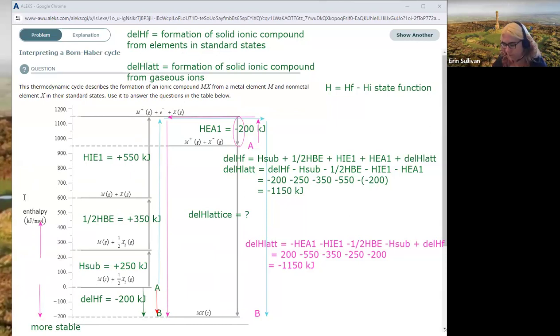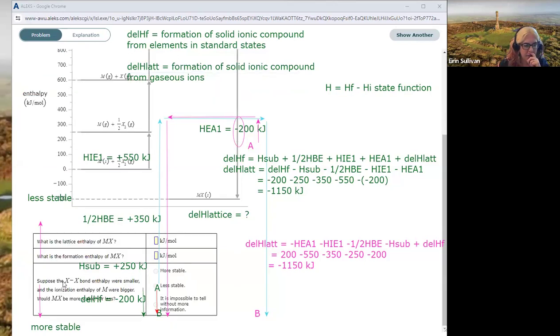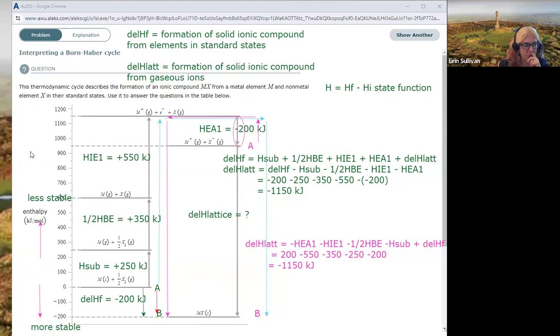So you have to work through and see if this line position changes if you change one of the other things, okay? So let's scooch back. It was said if the XX bond enthalpy was smaller. So I'm just going to do a sort of theoretical thing: if it was smaller, what would happen? I'll pick purple for that.